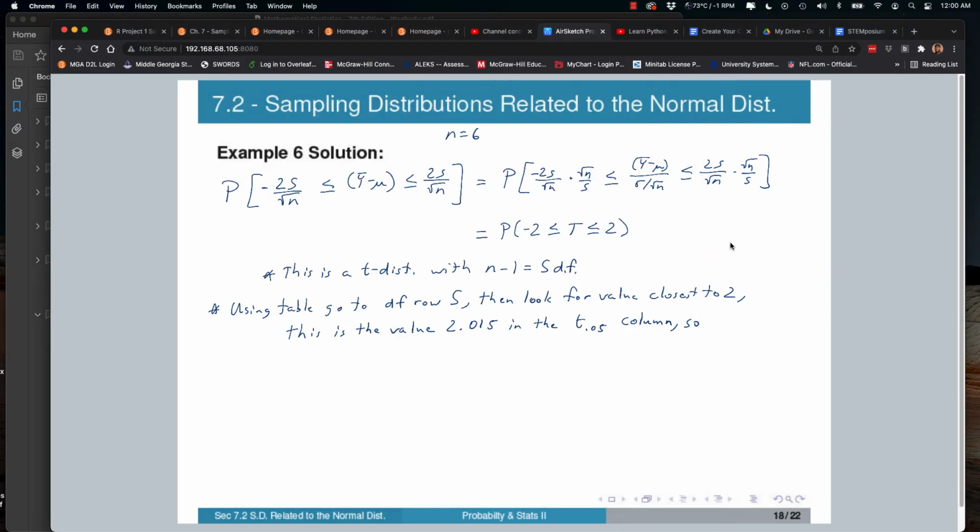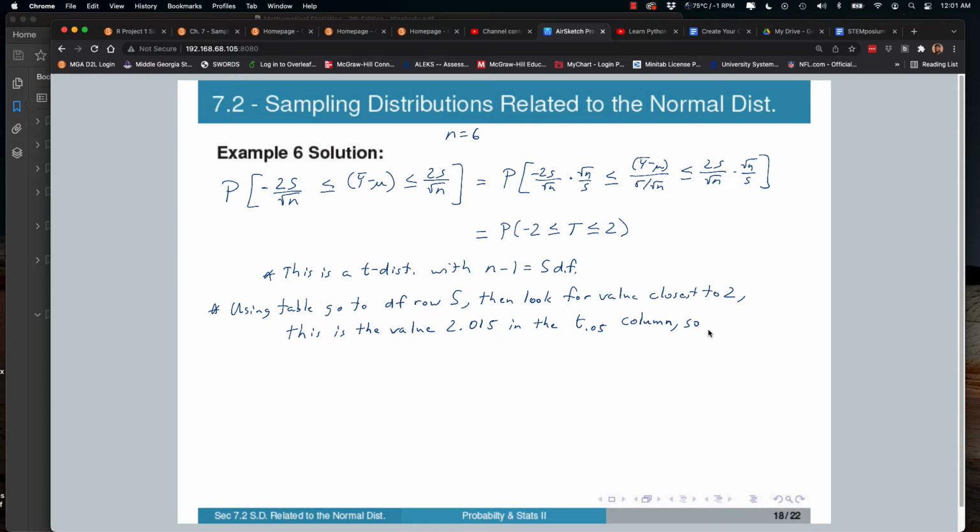And if we use that value, and again, the t-distribution, just like the z-distribution, is symmetric and centered at 0, so if we find the positive value on the upper end like we just did, it's the same value but negative on the bottom.